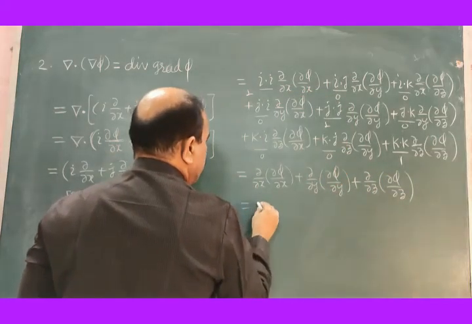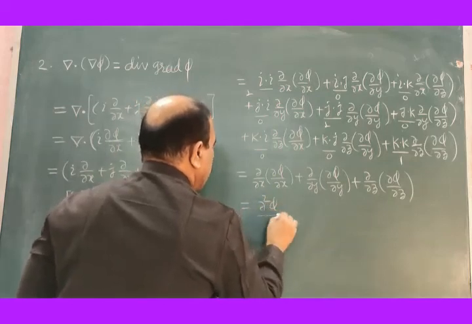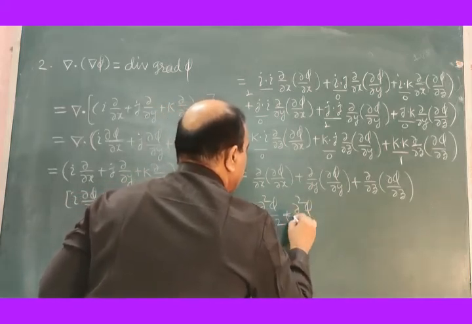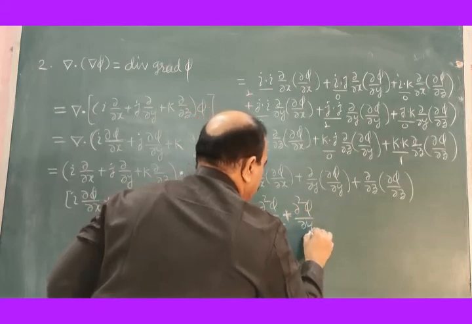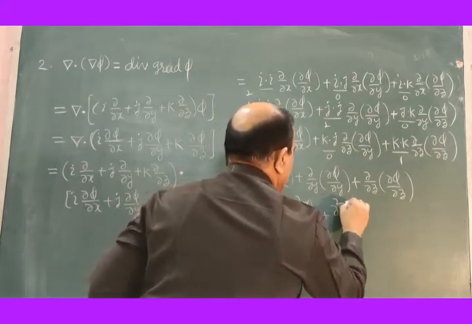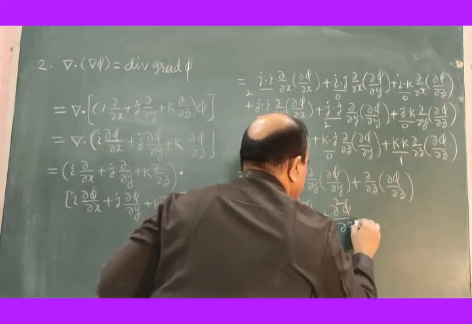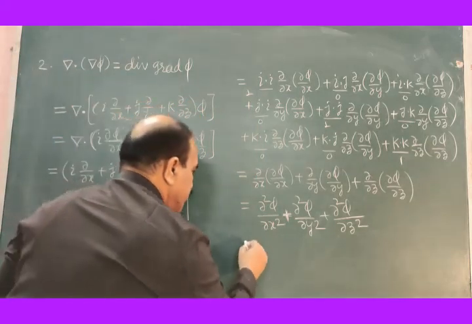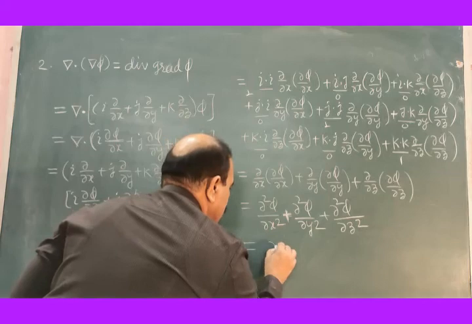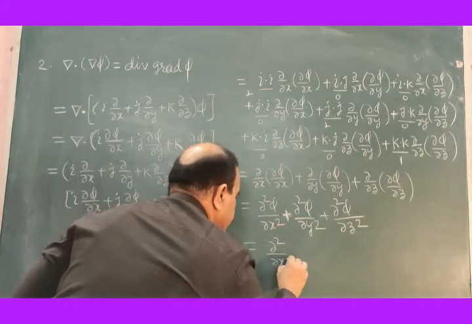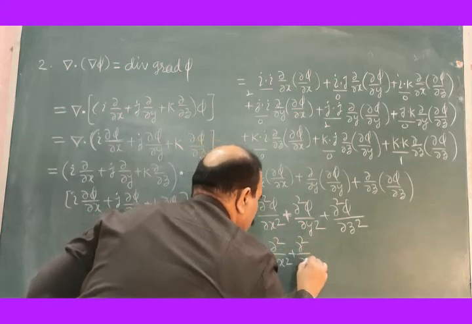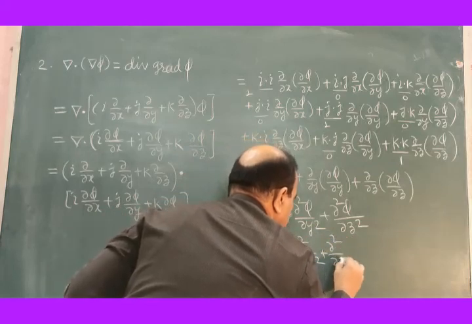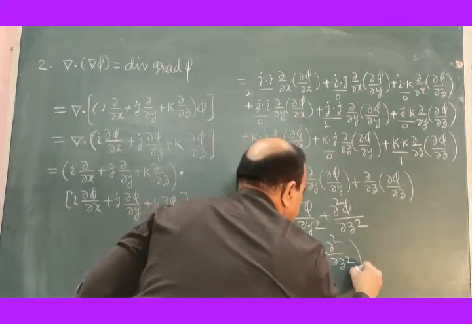This is nothing but ∂²φ/∂x² plus ∂²φ/∂y² plus ∂²φ/∂z². What is this? This is nothing but (∂²/∂x² plus ∂²/∂y² plus ∂²/∂z²) into φ.